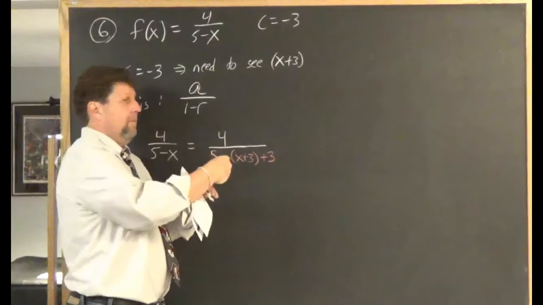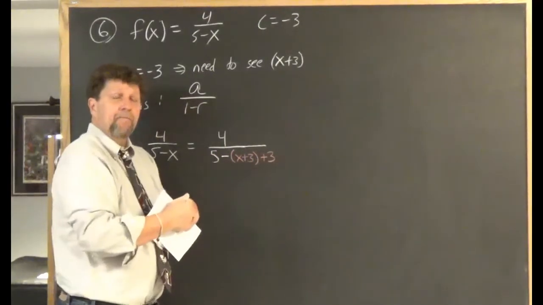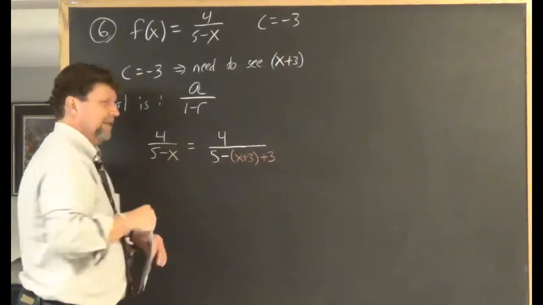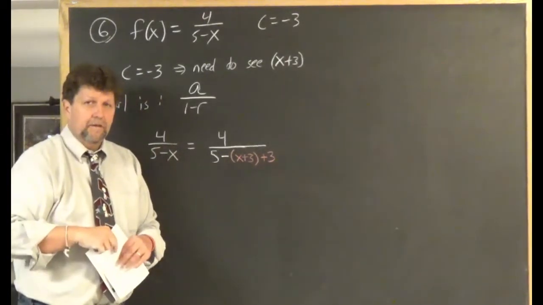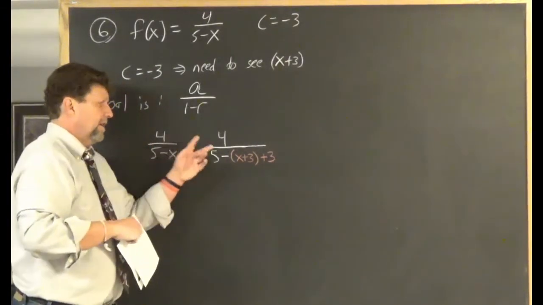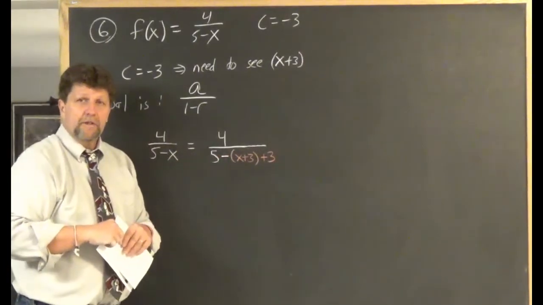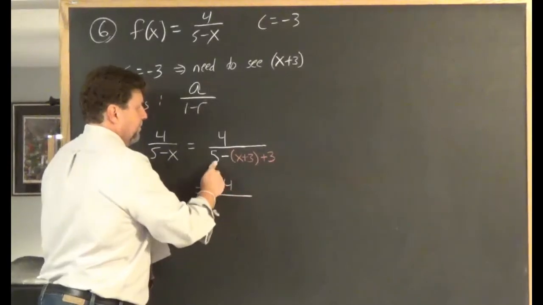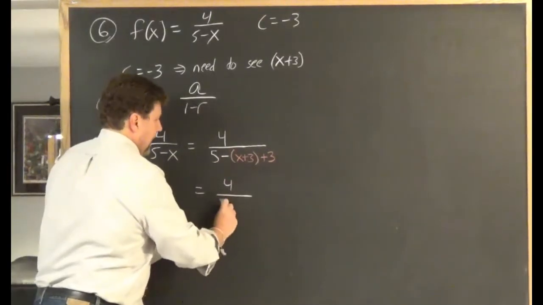To neutralize that minus 3, I have to add 3. Go ahead and check. This denominator is exactly the same as that denominator, which means this fraction is exactly the same as this fraction, which means 5 plus 3 is 8.